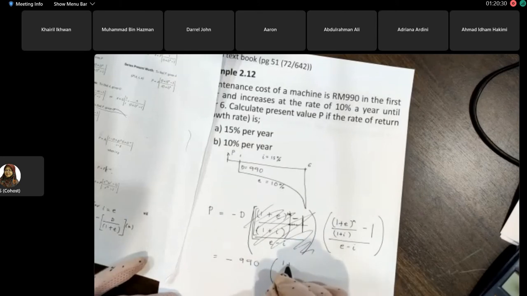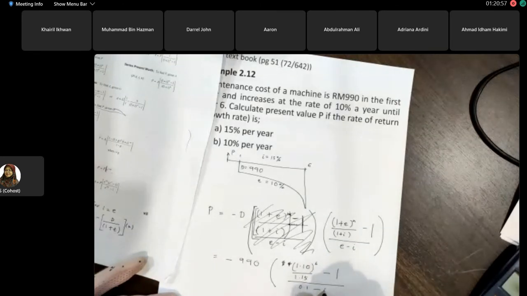Okay, 1 point, one point, E dia ialah 10, so 110 power of 6 per 1.15, minus 1, and 0 point, E ialah 10, and I is 0.1.